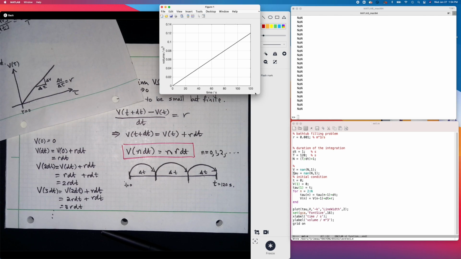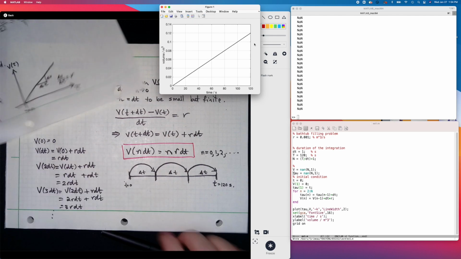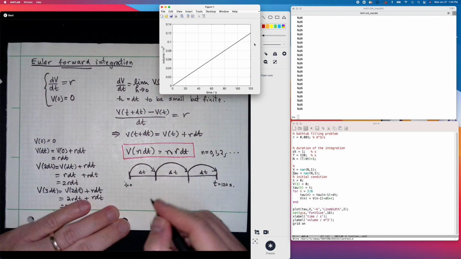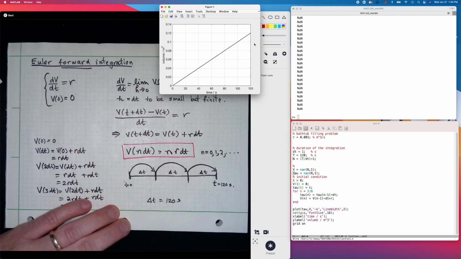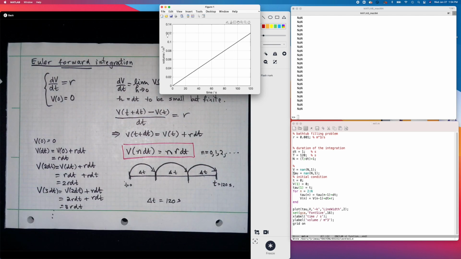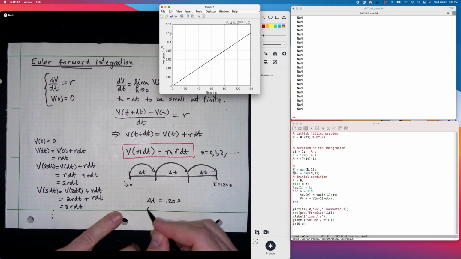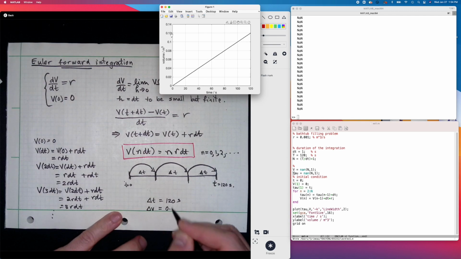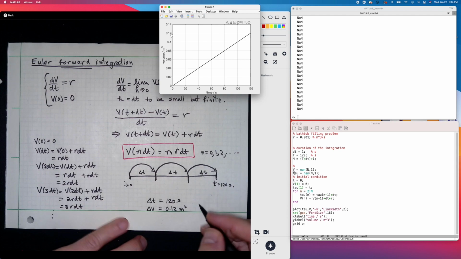So over the full time span, delta t is equal to 120 seconds, and the change in volume is 0.12, so delta v is equal to 0.12 meters cubed. And so the rate r, we're checking, should be delta v over delta t.